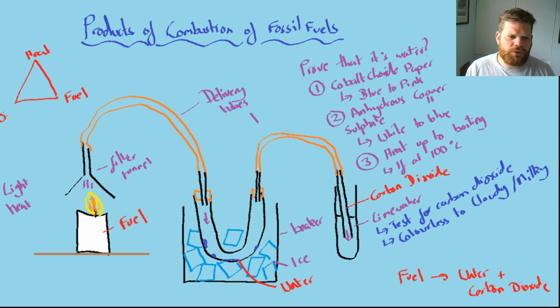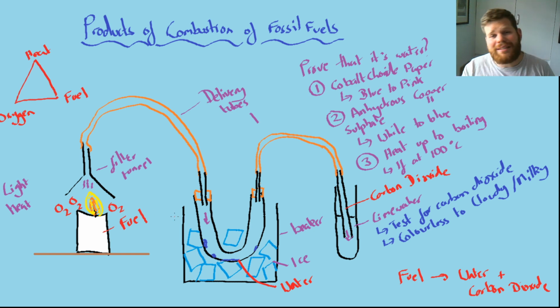Yep, it's oxygen. Well, where is the oxygen? Well, the oxygen is here. It's in the air. 21% of the air is oxygen. So as that candle is merrily burning away, oxygen is coming from the air and reacting with the fuel and the heat to maintain that burning.